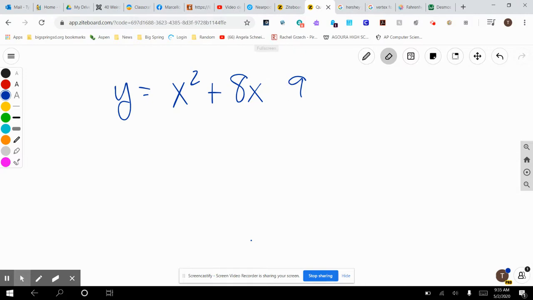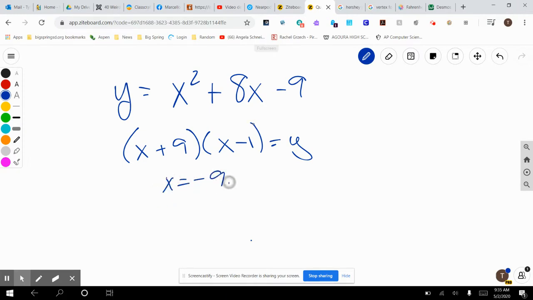To find our zeros, I think this could be factored into (x plus 9)(x minus 1). So our two zeros would be negative 9 and 1.